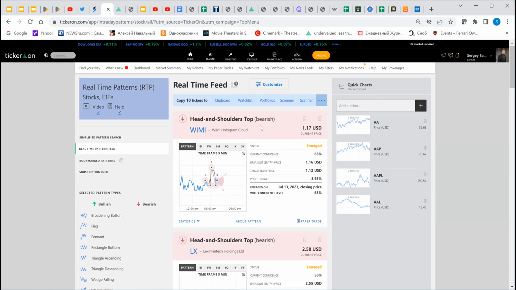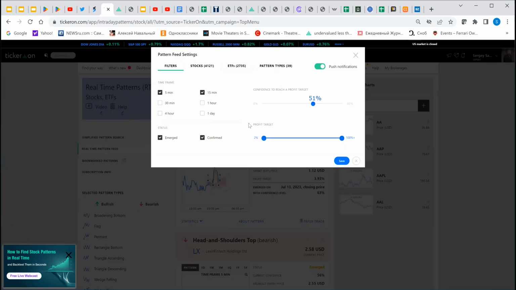So the question is, what and how to customize this feed, and that's the main topic. So you go here to customize, and then you select different time frames. Time frame means that it is the size of a candle. Okay, I'm not going to go through the definition of a candle.